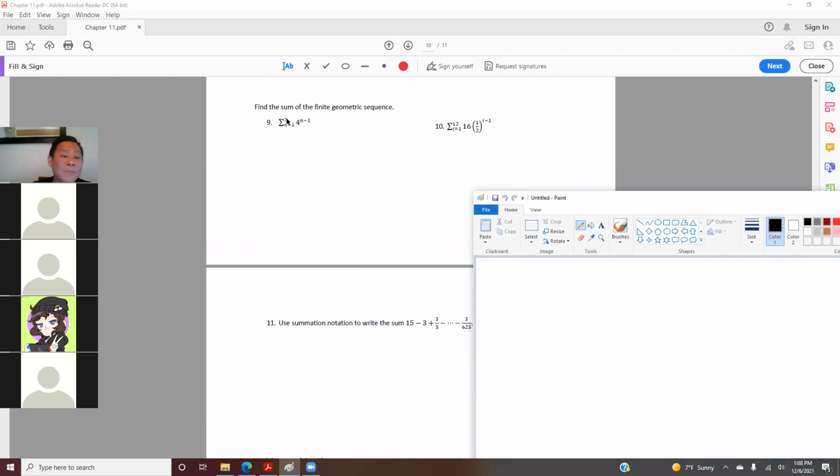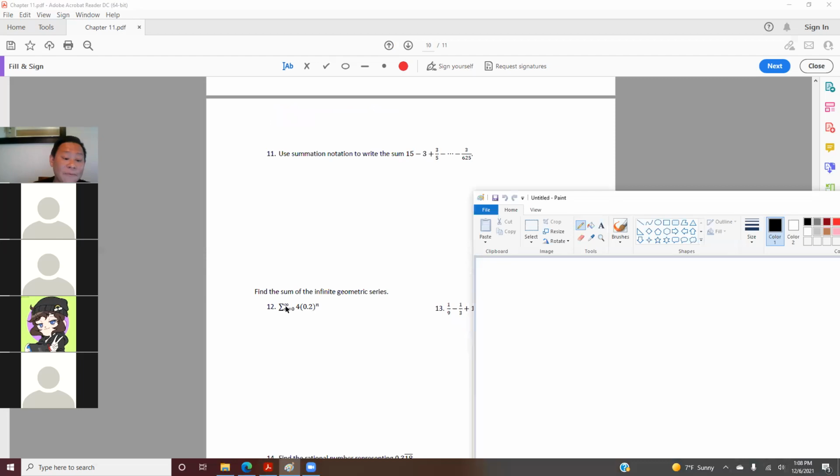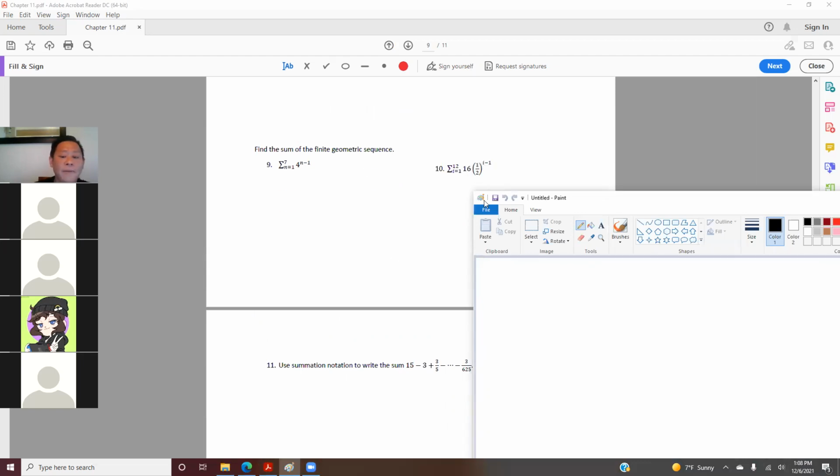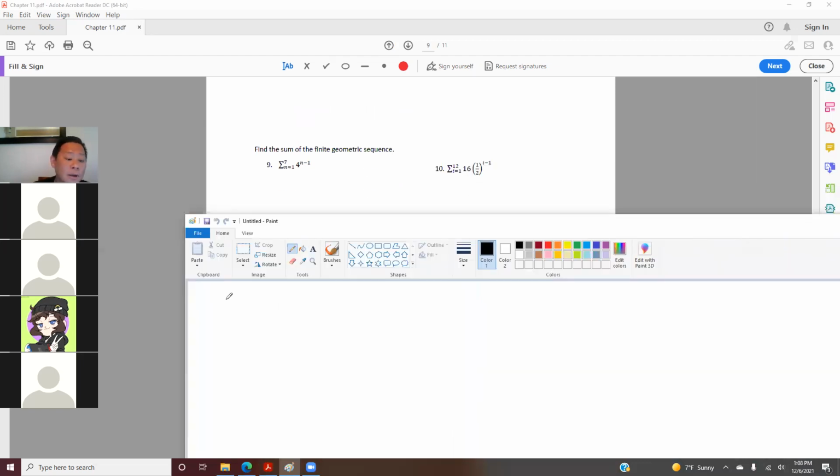If you have a number like 7 or 12, it means this is a sum of a finite series. If you have infinity like this, it means it's a sum of an infinite series. That's how you figure out which one they're asking. The sum of the finite formula is given by A1 times 1 minus R to the n, over 1 minus R.